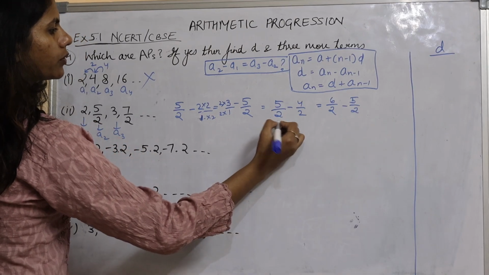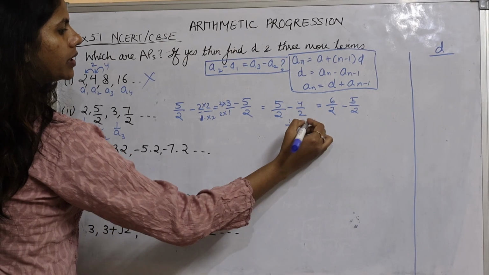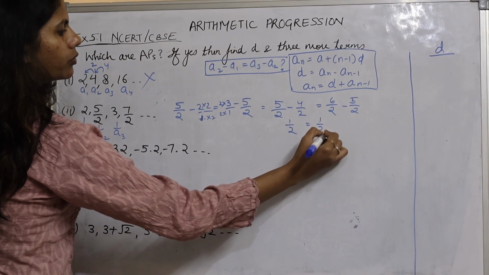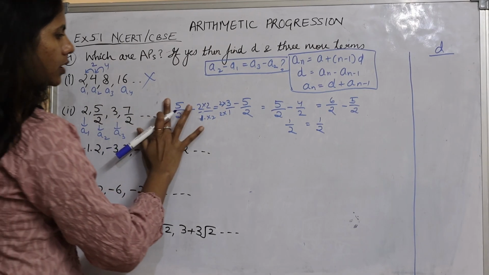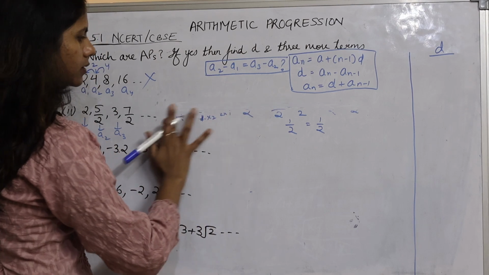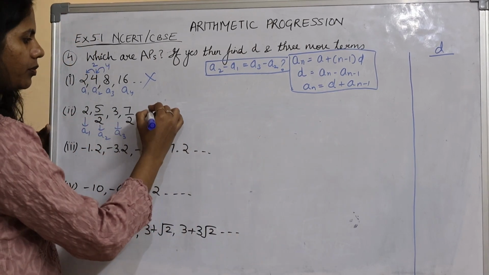Now if you calculate it, it will be 1 by 2, and right side it will be 1 by 2. If you see, this is equal. So yes, this is an AP.